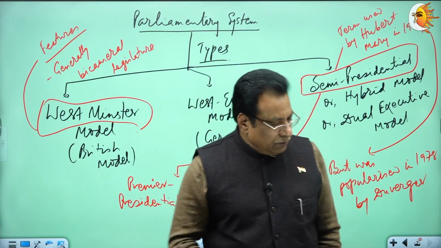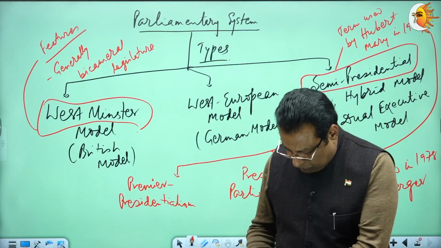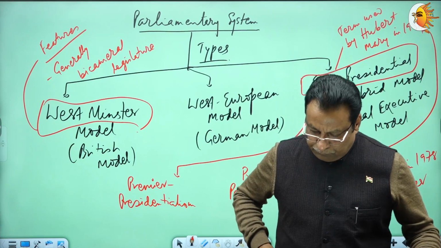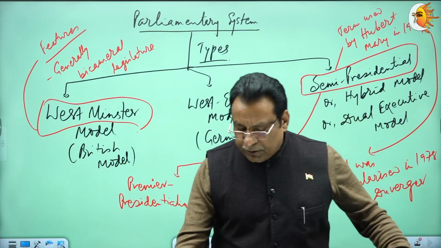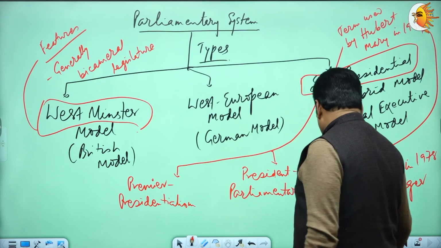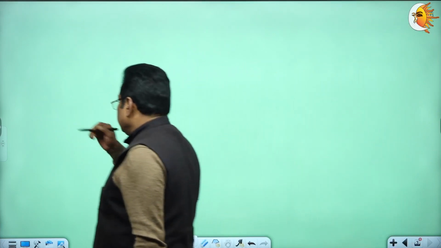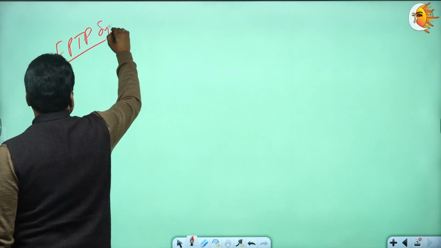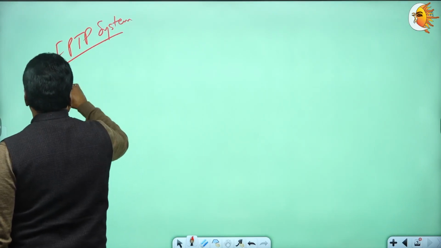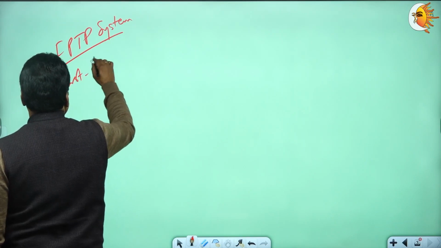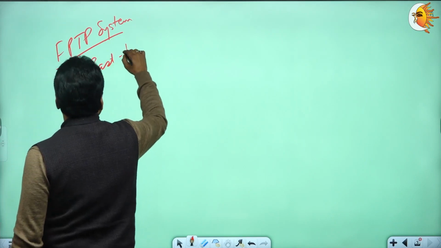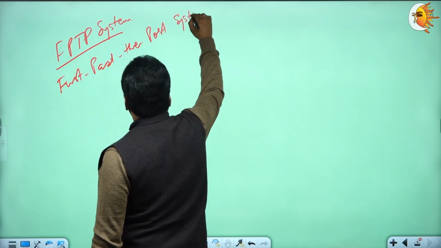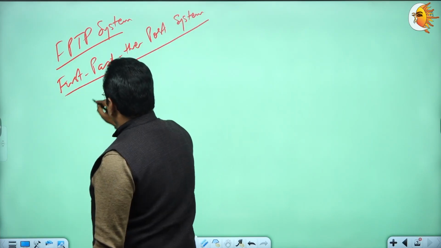Second point is, very often the lower house is directly elected through FPTP system. That is, first past the post system.